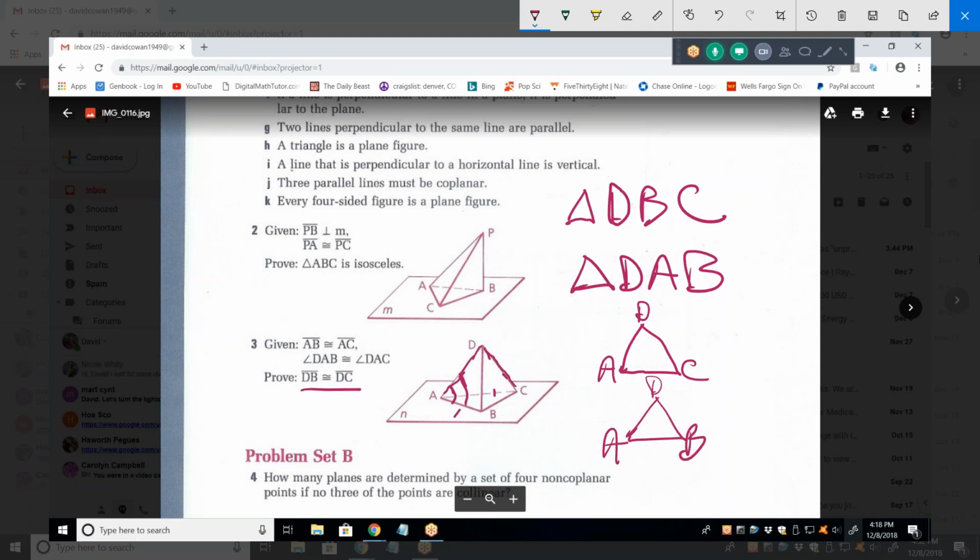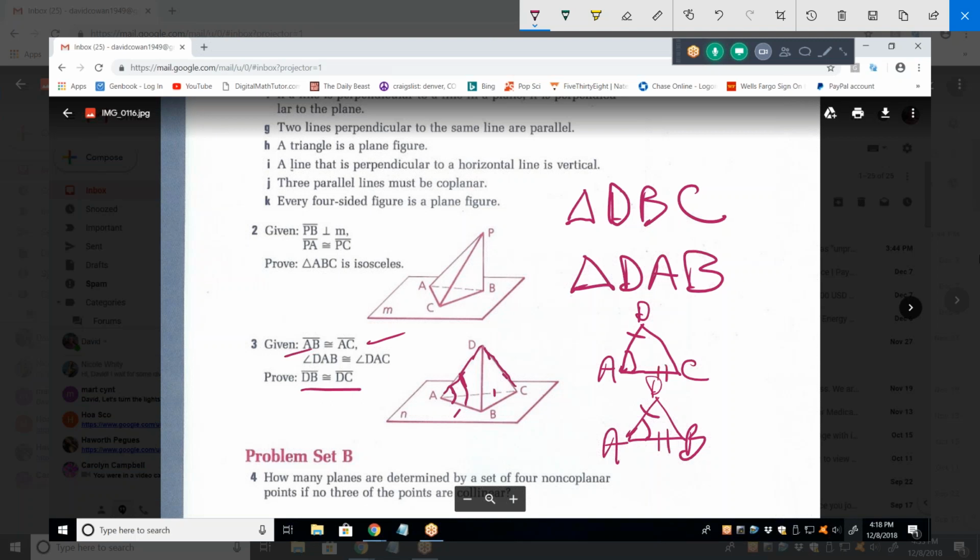And what I'm told is that angle DAC is congruent to angle DAB. And since we know that DA equals DA because of the reflexive property, that's another piece. But the other piece of information I need is that AB is equal, or congruent, to AC.